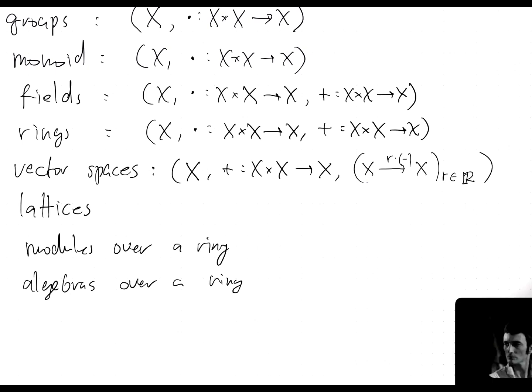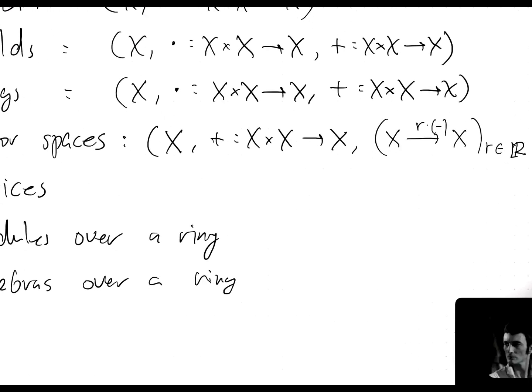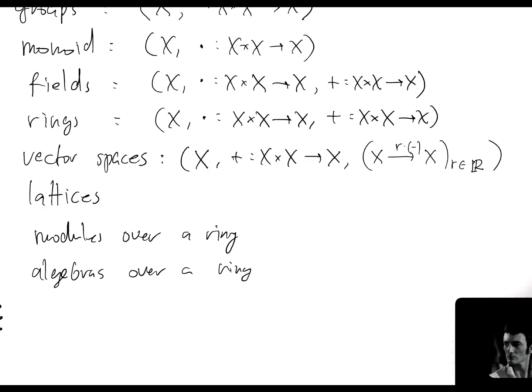So there is a single unary operation for every real number. Does this make sense? Everybody's happy with this? Looks like it. A lattice is a set, thanks Brandon. A lattice is a set with two binary operations. They're called meet and join. Again, the rest of the lattice structure can be, well, actually in the lattice we don't really have any more structure, just these two.